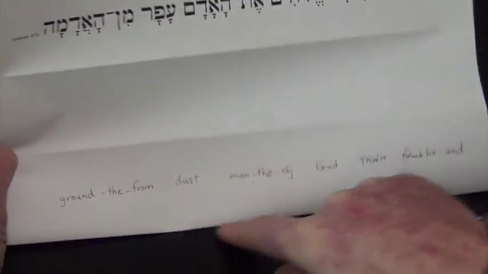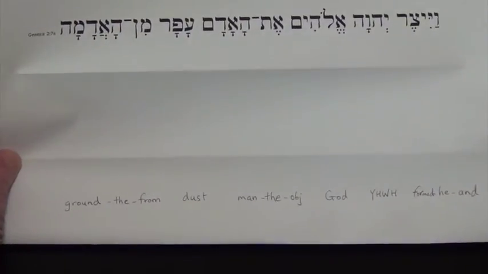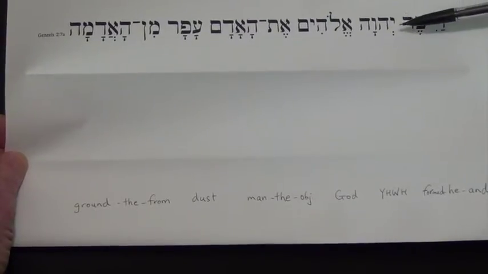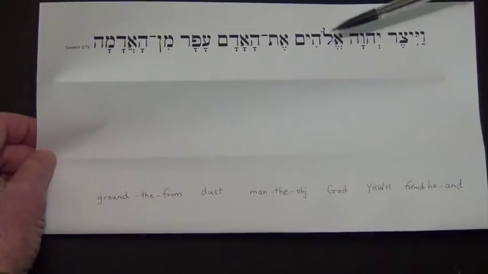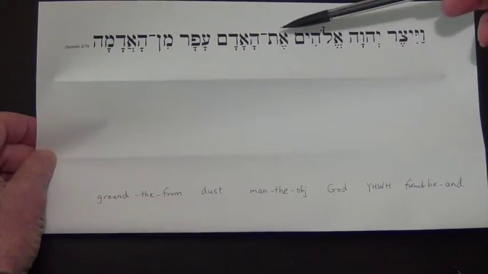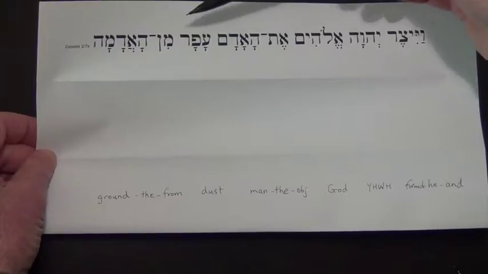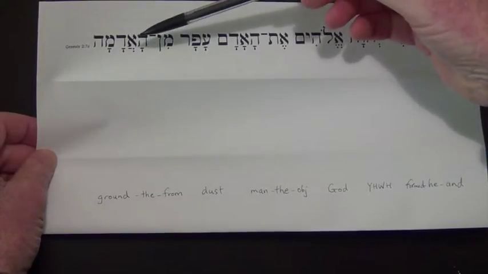Here's the word-by-word translation. And he formed, Yahweh God, object marker, the man, dust, from the ground.